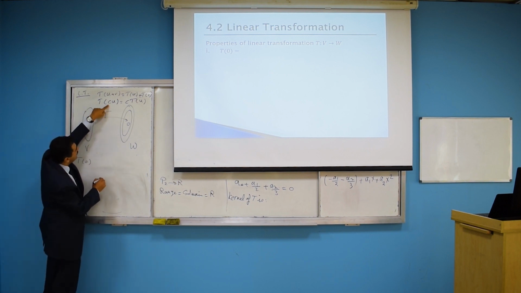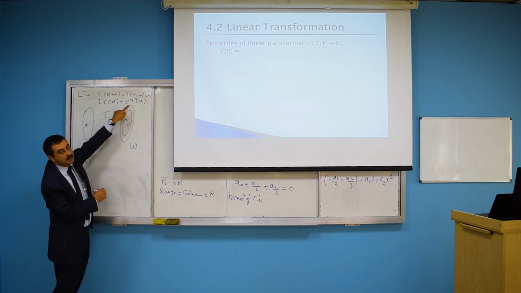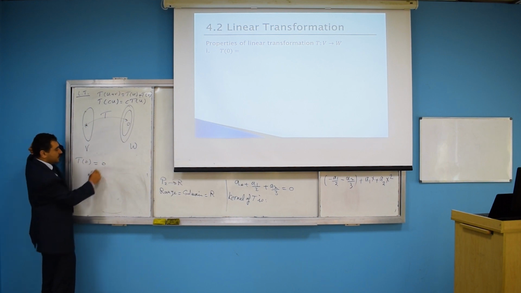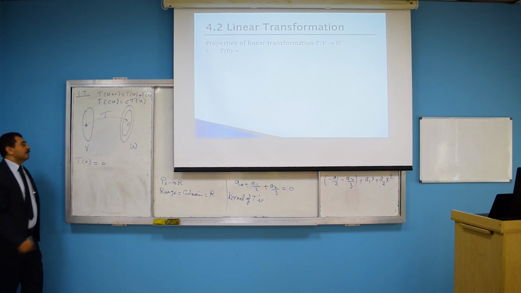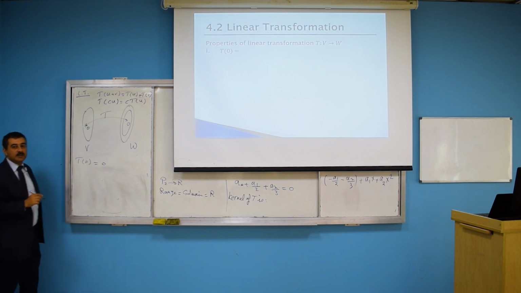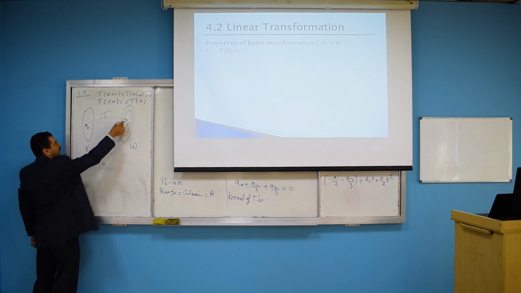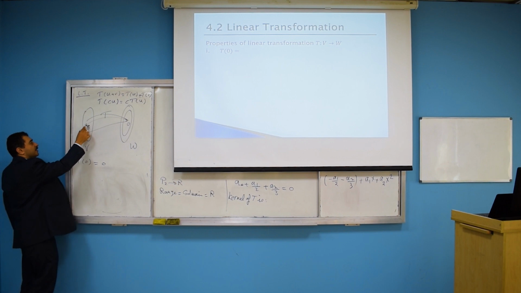So if you put c equal to 0, you will get transformation of 0 equals 0 times transformation of u, which is 0. So for a linear transformation, it is always known that the 0 vector is in the kernel of the transformation. You could have many vectors mapped to the 0 vector, but one of them must be the 0 vector.